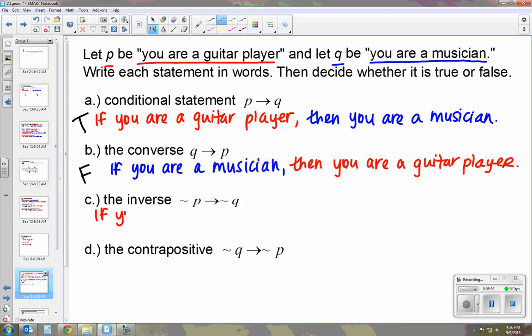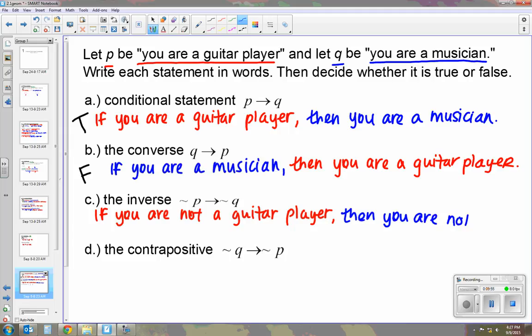If you are not a guitar player, comma, and then we're going to negate the second statement, then you are not a musician. And let's look at that statement if it's true or false. Okay, if you're not a guitar player, then you're not a musician. Well, that's false, because you could play piano and you are a musician, so that's false.